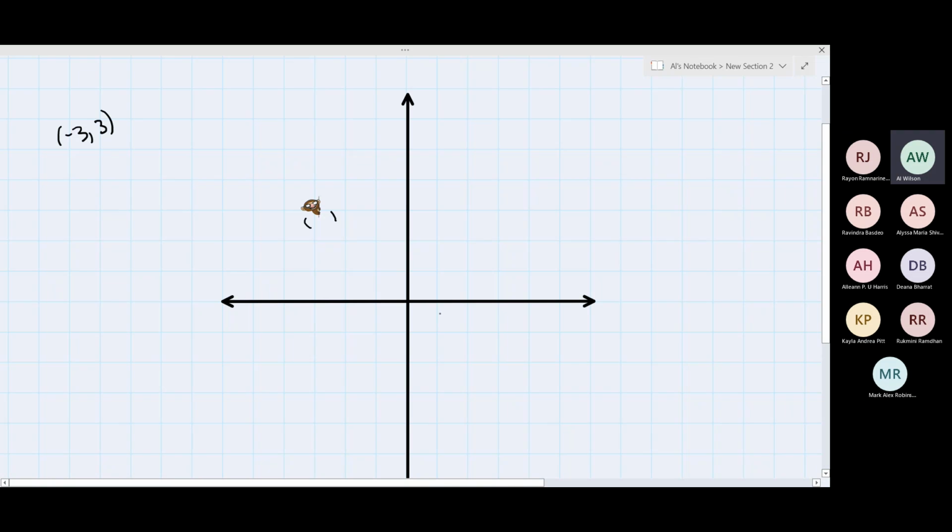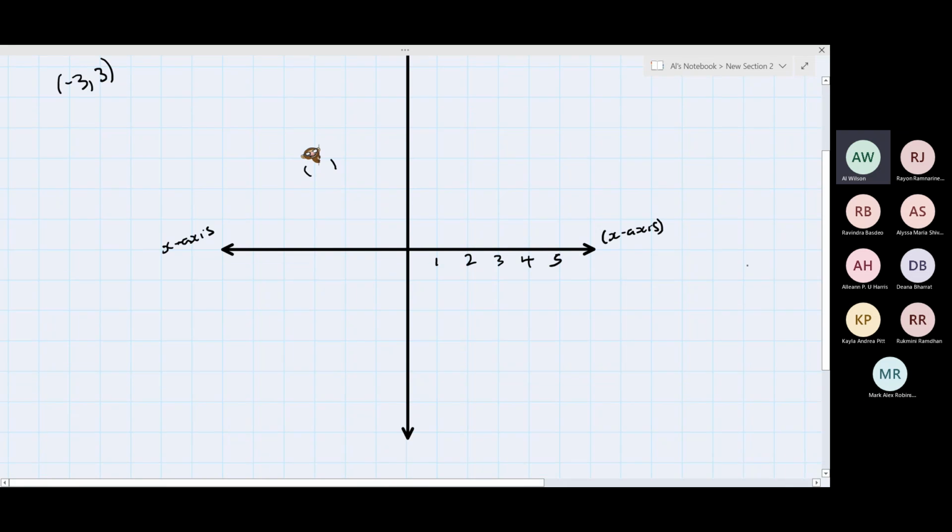So confirmed. Starting at the bottom here, we have 1, 2, 3, 4, 5. Here's our x-axis. This is also our x-axis. This is our y-axis, and the bottom is also our y-axis.